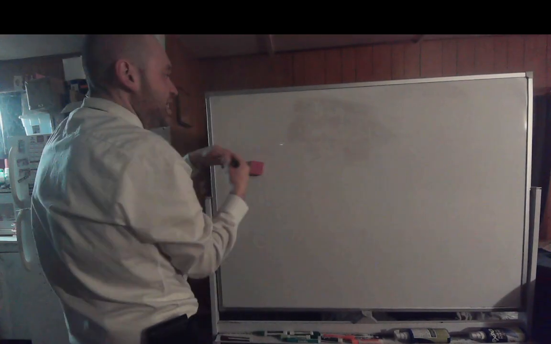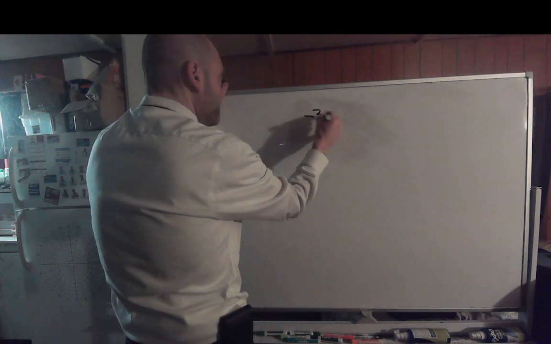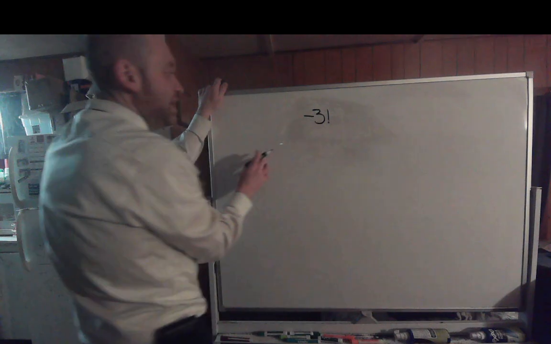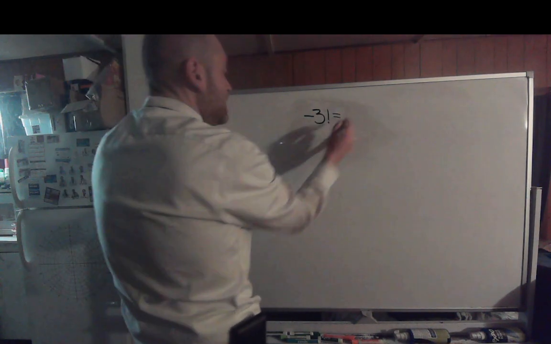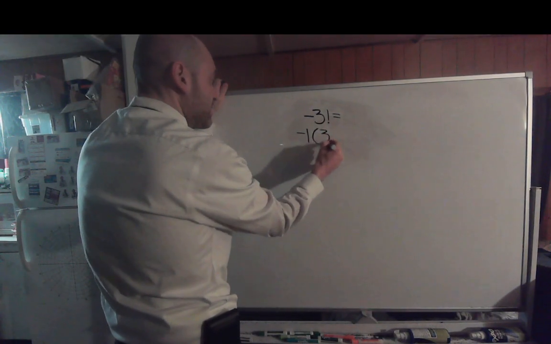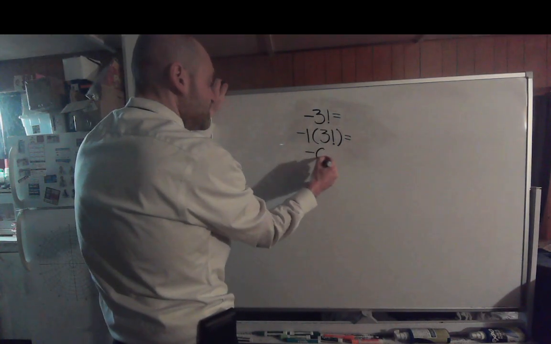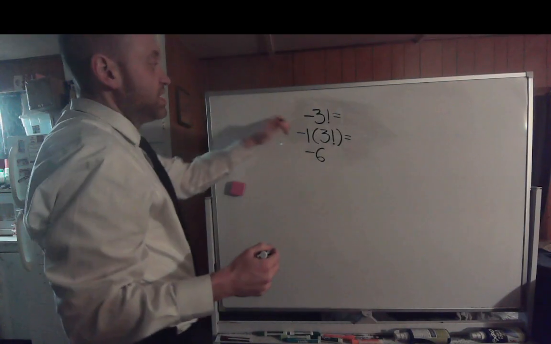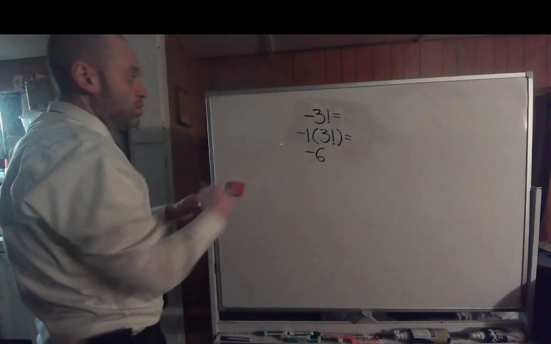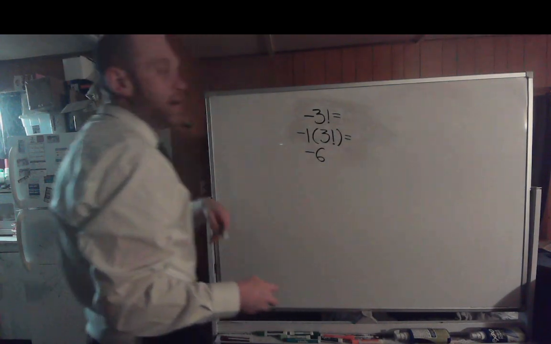Now, if I attach a negative sign in front of 3 factorial, so I take negative 3 factorial, that is the same thing as taking negative 1 times 3 factorial, which would just give you negative 6. So if you have a negative sign on the factorial, it's just the same as taking a negative 1 times the factorial.